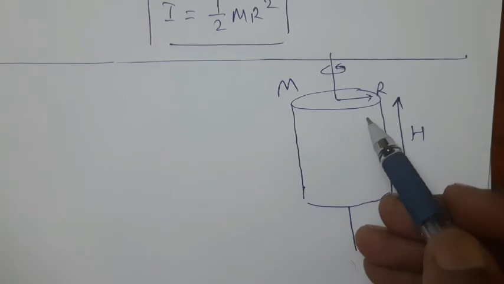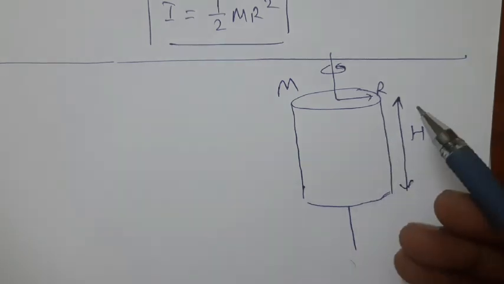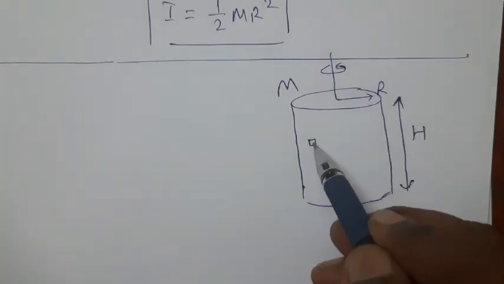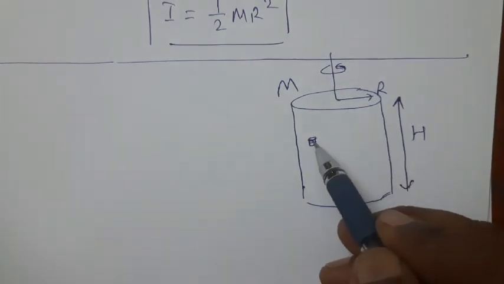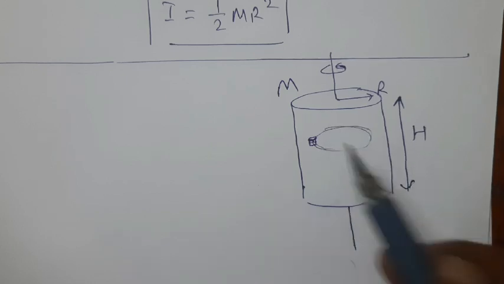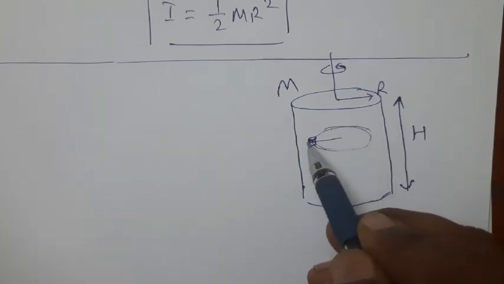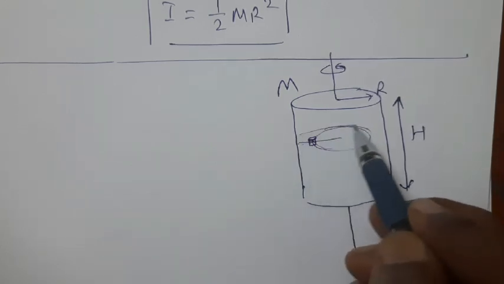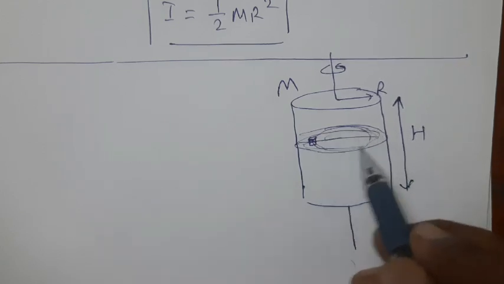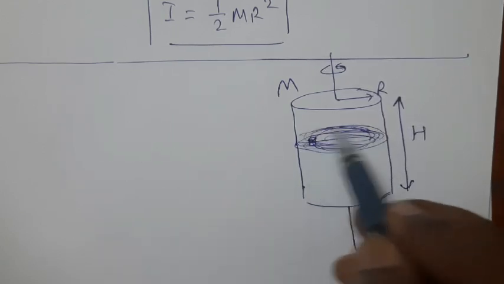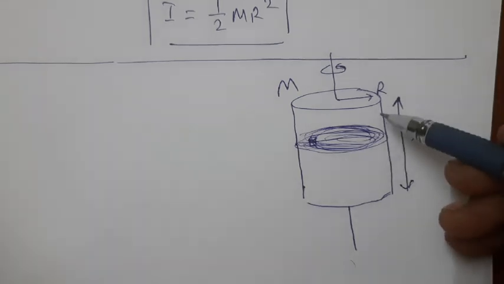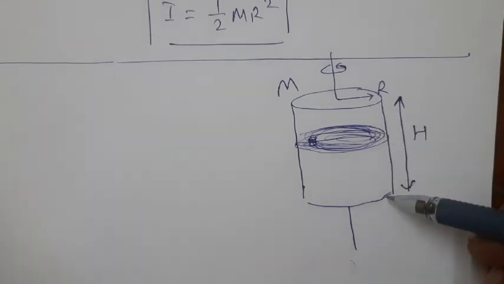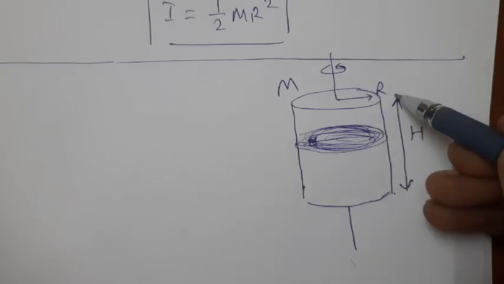Now for that, what can I do? Again, ideally I can consider any small element. This is the element. Then I can rotate this element to consider a ring. Then I can increase the radius of that ring from 0 to capital R to cover the disk. Up to this, we know the moment of inertia. And then what will I have to do? To consider the cylinder, I will have to keep so many disks, one over other, from say for example z is equal to 0 to z is equal to h.